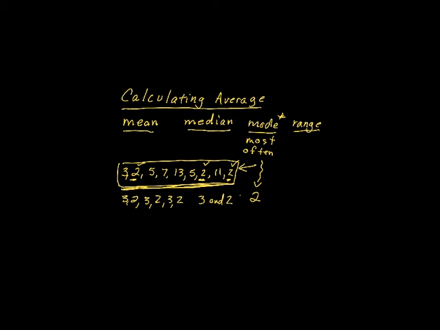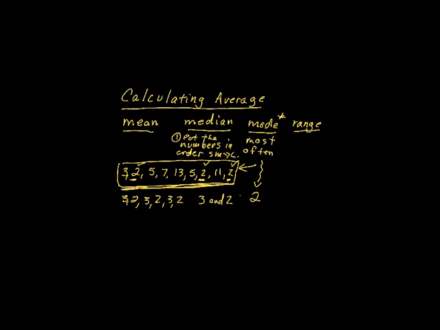All right, so the median is slightly harder than the mode, but not an awful lot. Basically, you have two steps. The first step is you have to put the numbers in order, from smallest to largest.